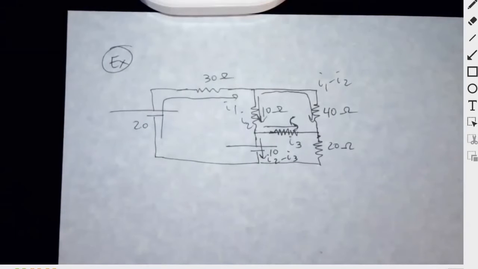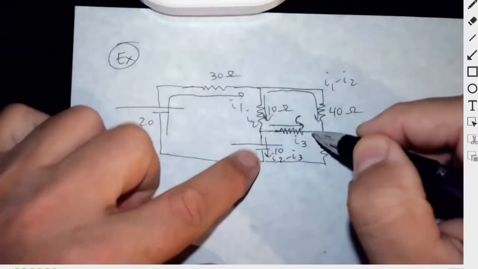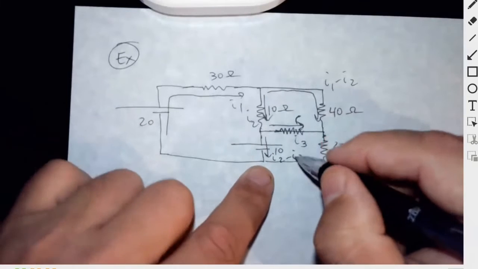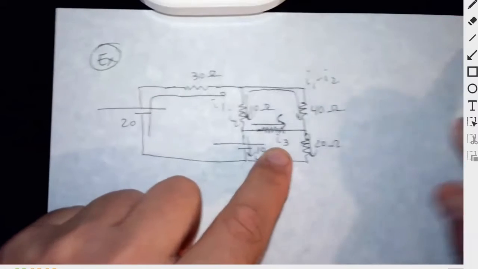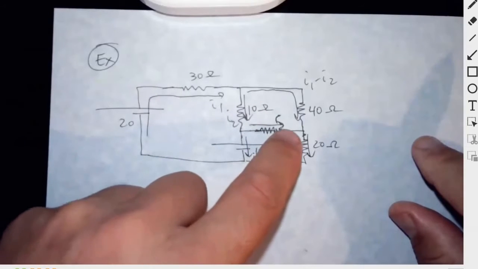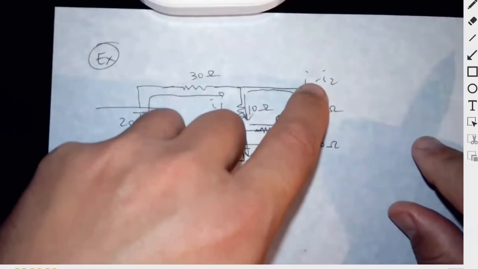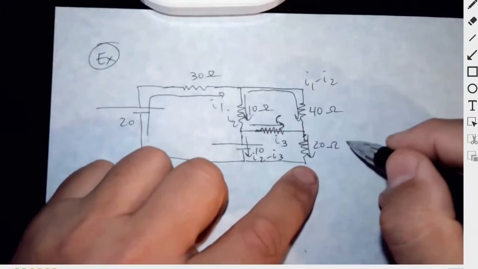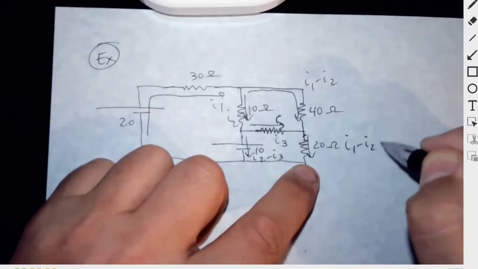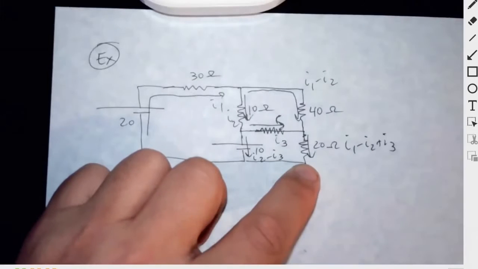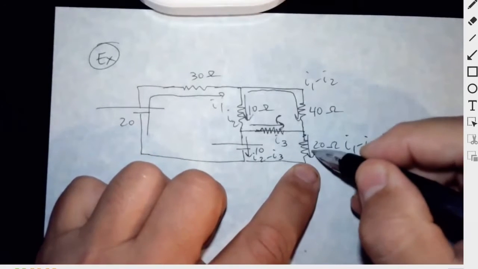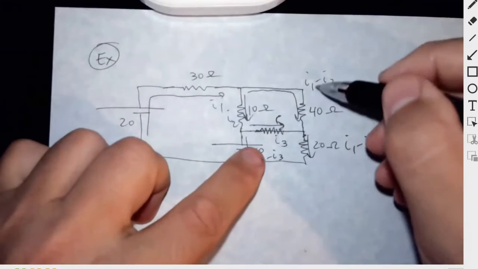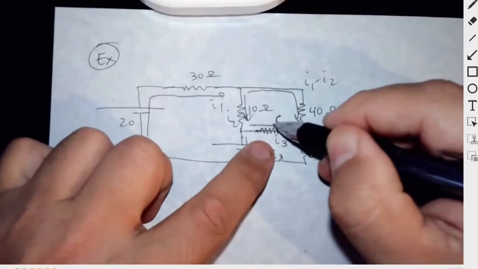Cool. So here's I3, then I2 minus I3, and then what's this going to be? The one going down this way. If I3 comes, it will join that guy, and then here you will have I1 minus I2 plus I3 going down this way. Or I could have called I3 going to the left.